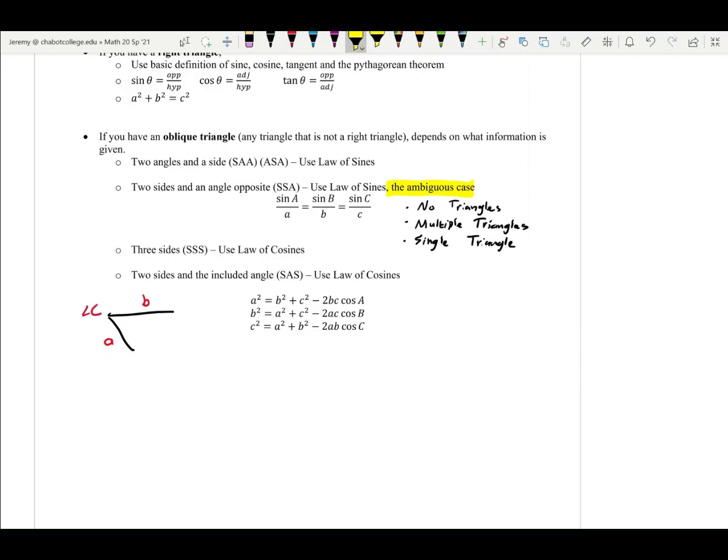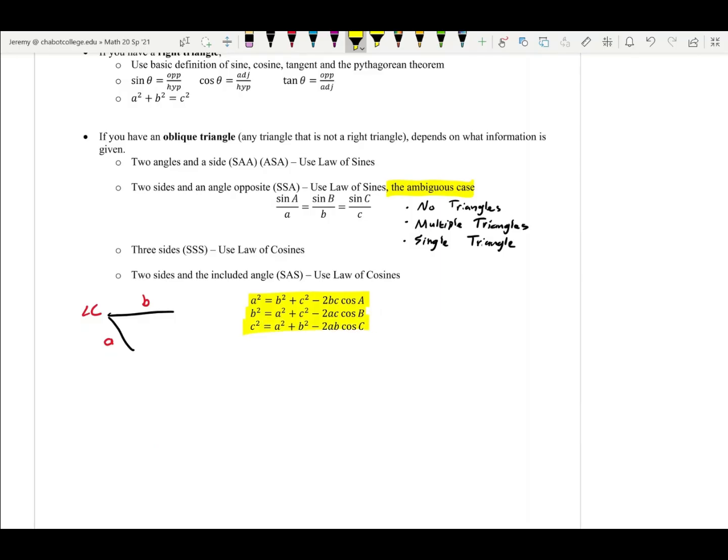I think of this as when we have everything in a corner defined, this is when it's real nice to apply the law of cosines. So that's just another case where we can apply law of cosines.